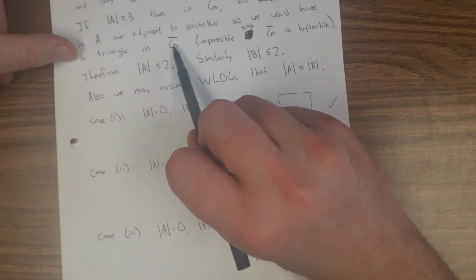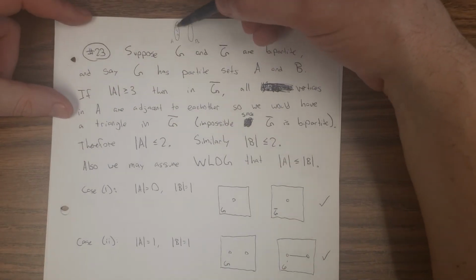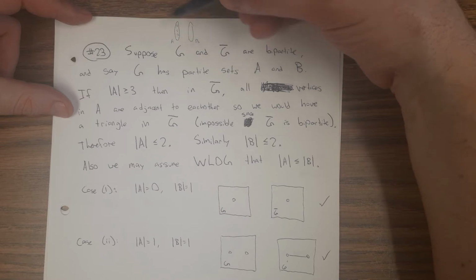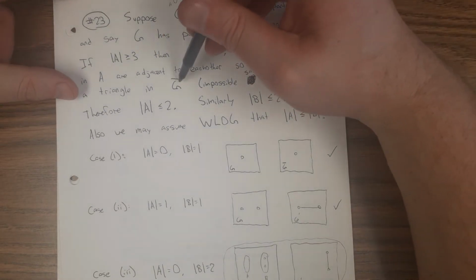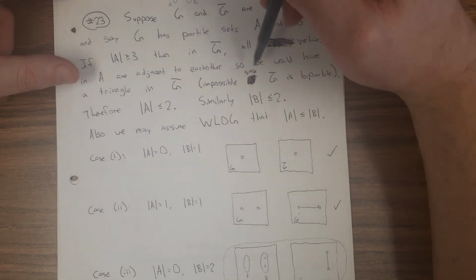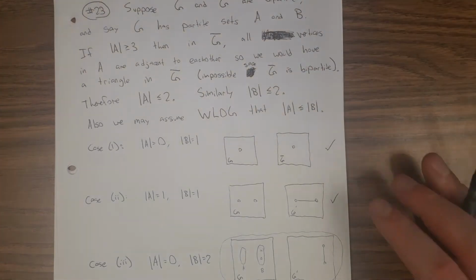But that would mean that you have a triangle in G complement, because you have 3 or more vertices in G complement, and they would all be adjacent to each other. And that's not possible. G complement can't have a triangle and be bipartite.